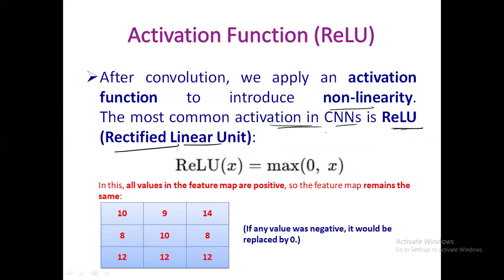ReLU of x means, suppose I got values like 9, minus 4, 6 or 3. After applying ReLU, my output would be 0, 9, 9, 0 and 6, 3. It will omit the negative values: maximum of 0 comma x.